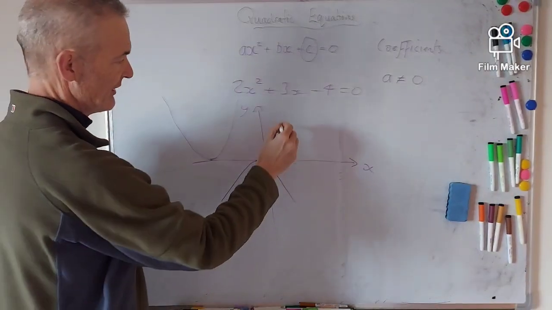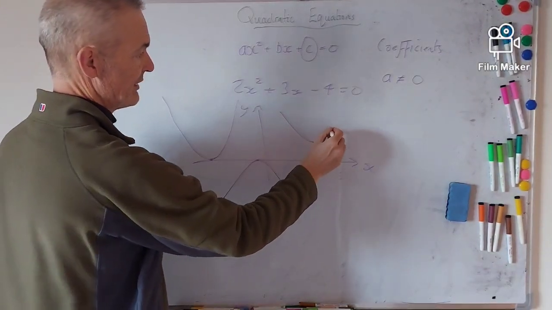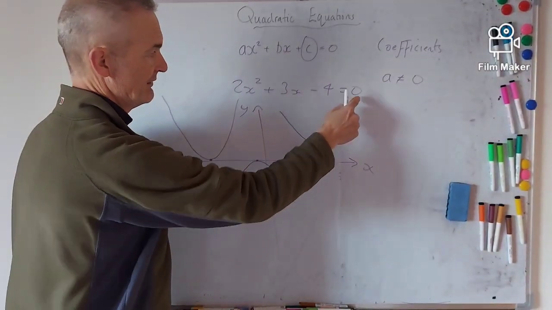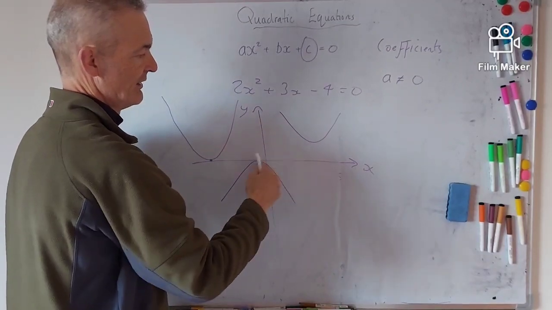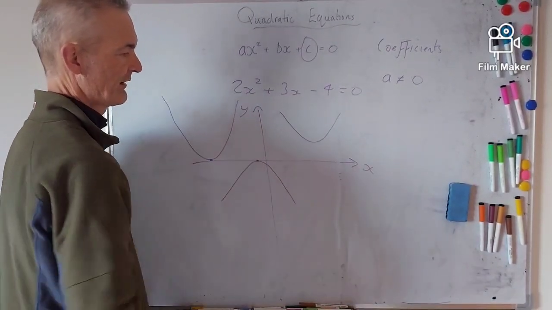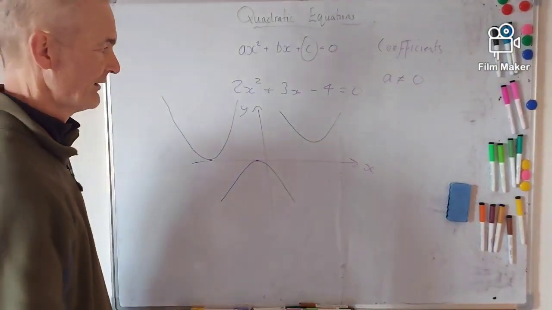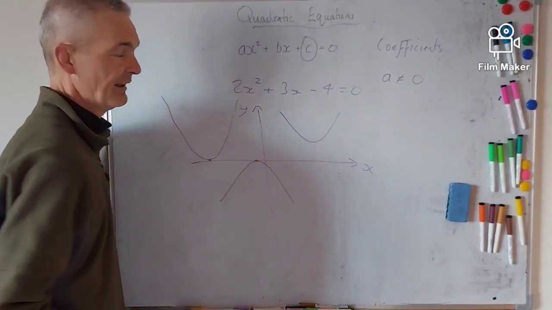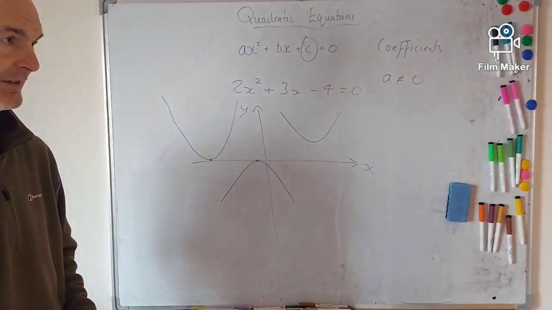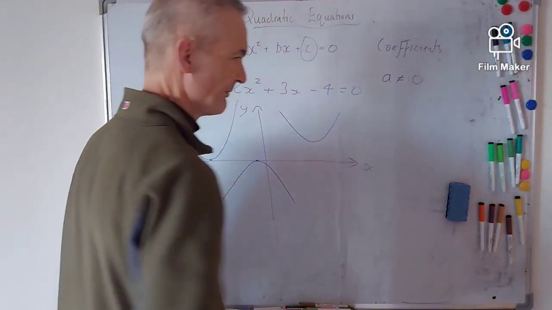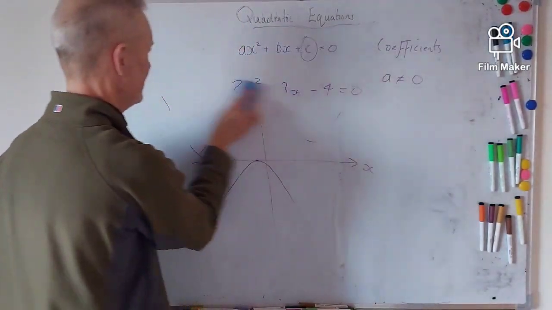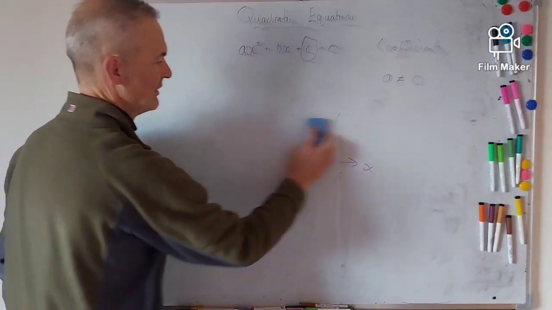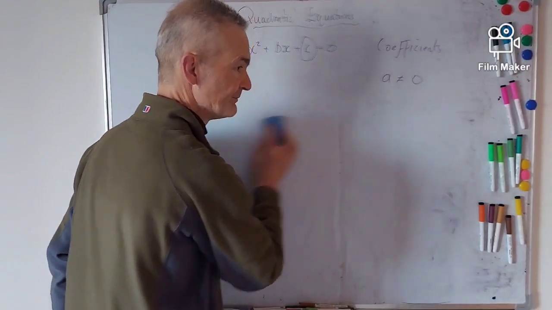But also the curve could be up there, in which case it doesn't generate a zero. It doesn't cross the x axis, so it will have no solutions. So three possibilities: two solutions, one solution, or no solutions.